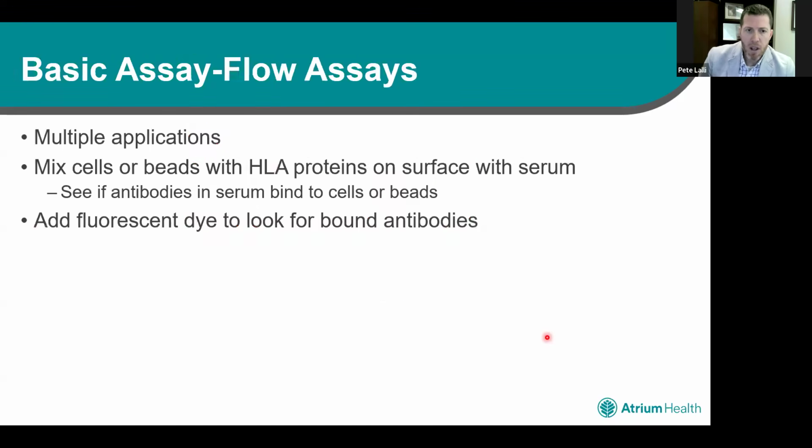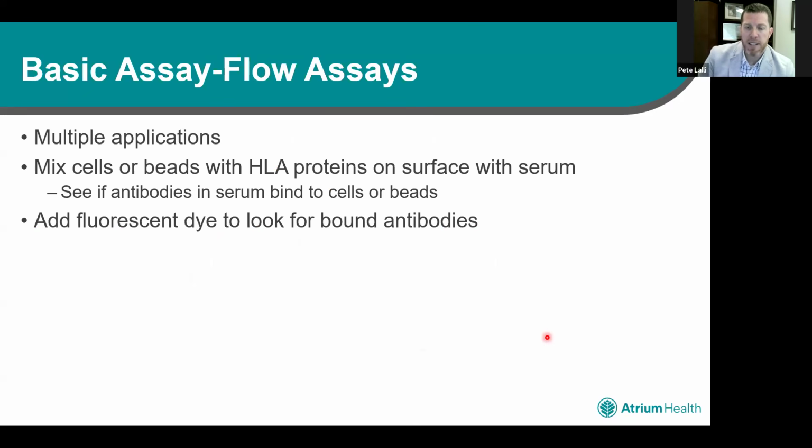Well, those assays were cumbersome. Dealing with live cells was kind of a pain. So we developed new assays that allowed us to look at this in a slightly different fashion. And that was the time that an instrument called the flow cytometer came about.